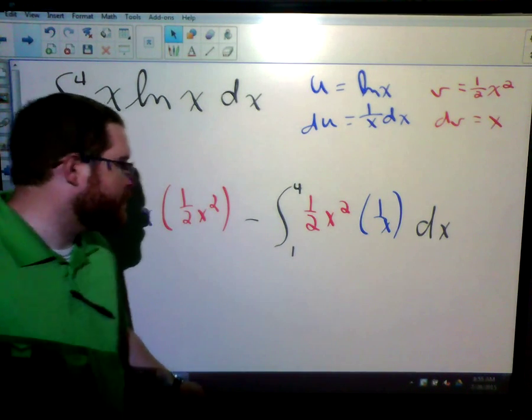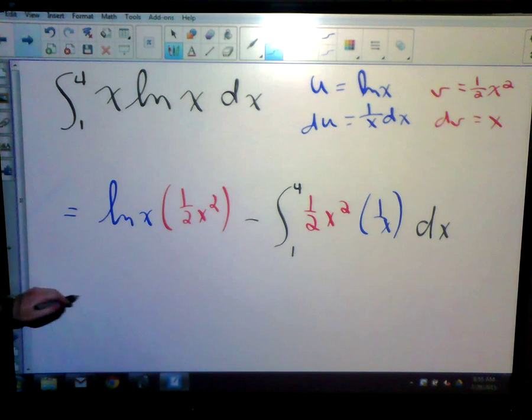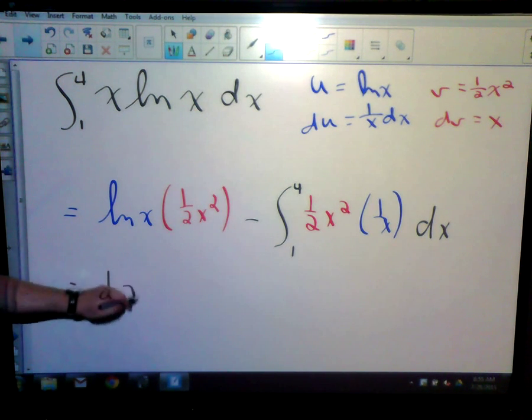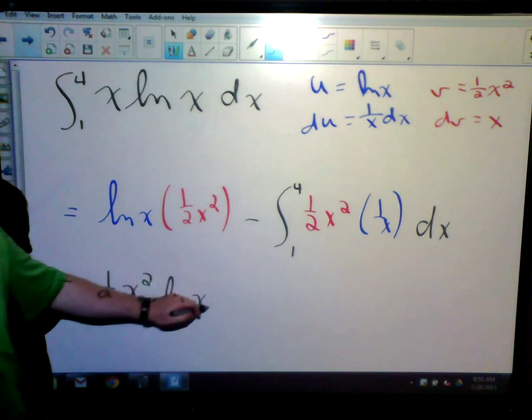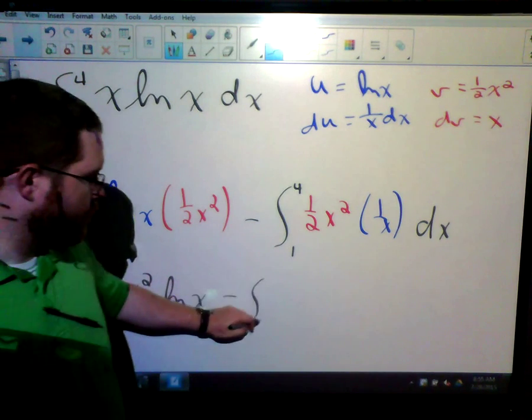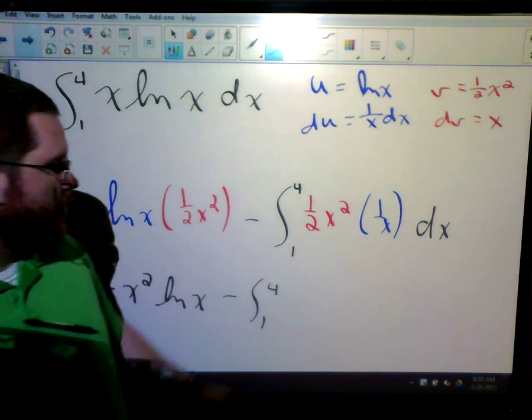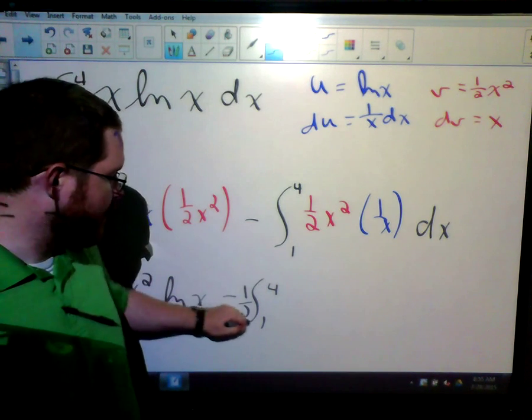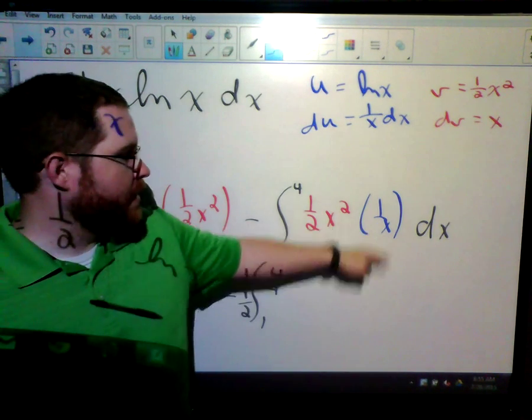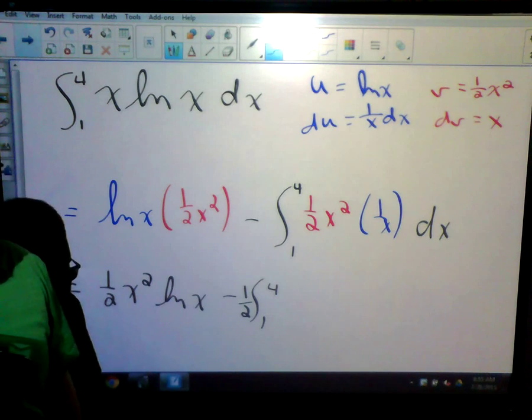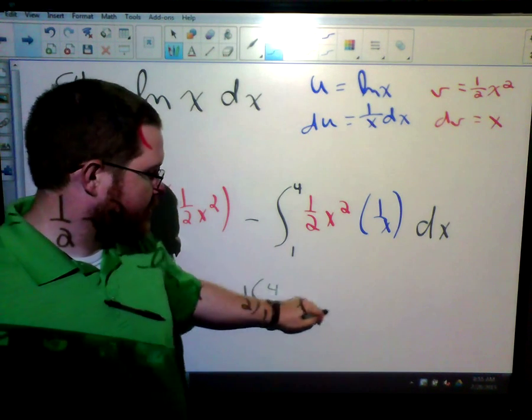Let's clean this up a little bit. This is 1/2 x squared, natural log of x, minus the integral from 1 to 4 of, I'm going to pull the 1/2 out front, this x squared and that x will reduce down and just give me x dx.